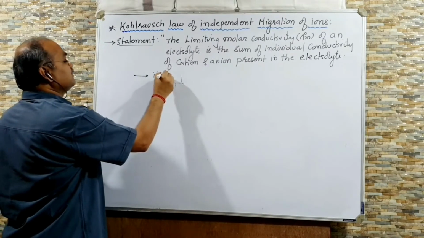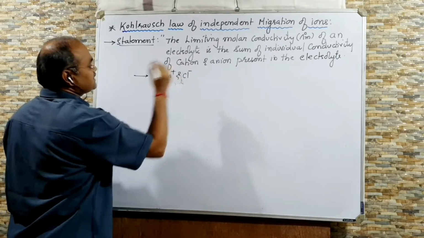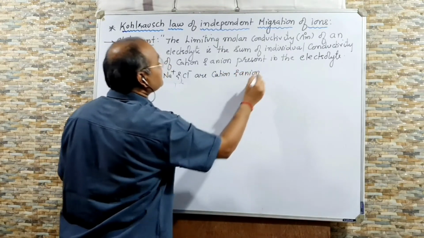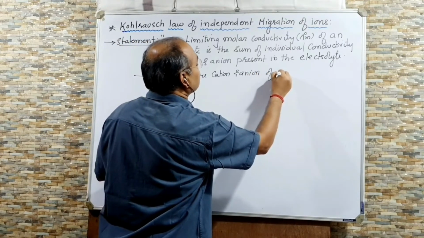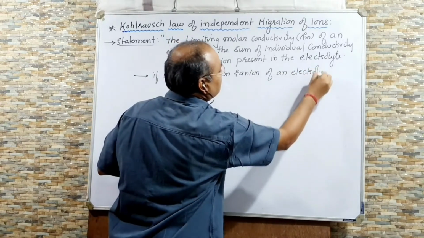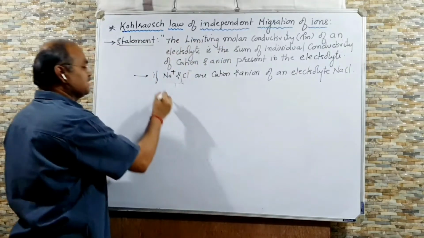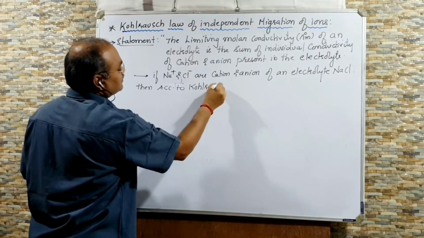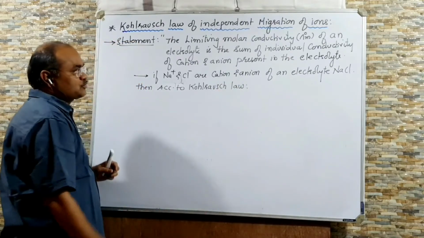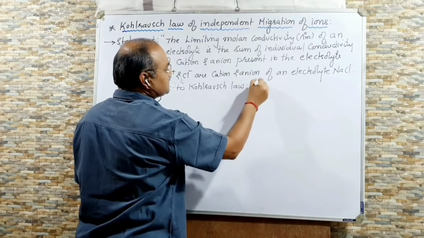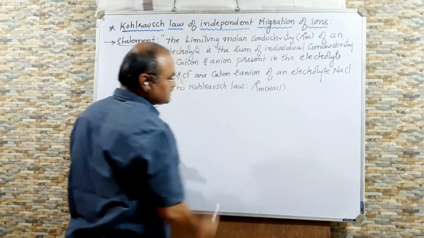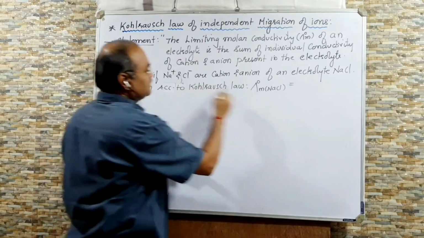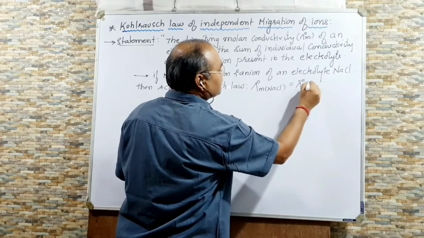If Na plus and Cl minus are the cation and anion of an electrolyte NaCl, then according to Kohlrausch's law, lambda 0 m of the electrolyte, this time NaCl, is equal to the sum of individual conductivity, which is lambda 0 Na plus plus lambda 0 Cl minus.